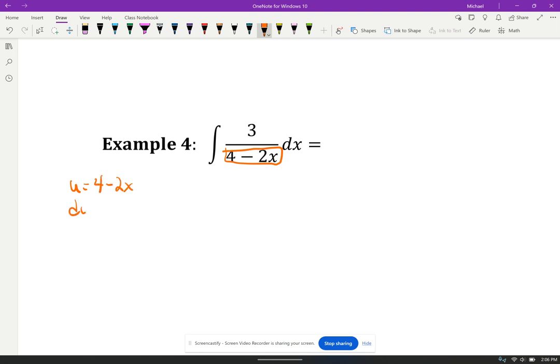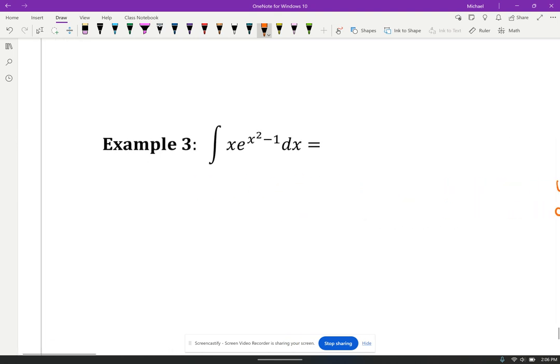If that's true, du is equal to 0 when I take the derivative, 0 minus 2, which is just negative 2 dx. Again, this is saying if you have negative 2 dx, you can make a replacement and substitute a du. Just like if you have 4 minus 2x, you're going to replace that with 1u.